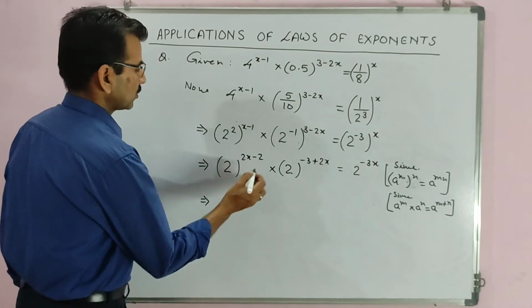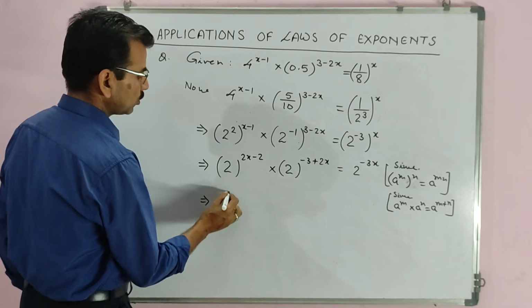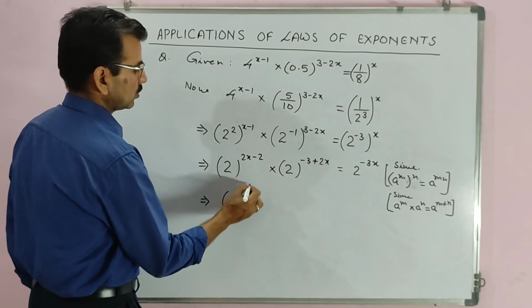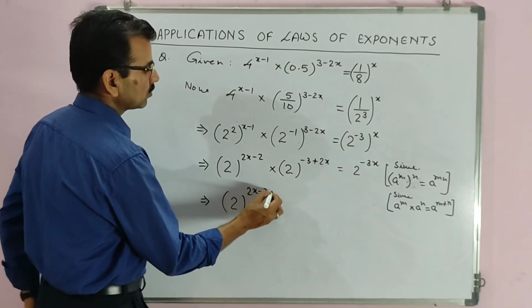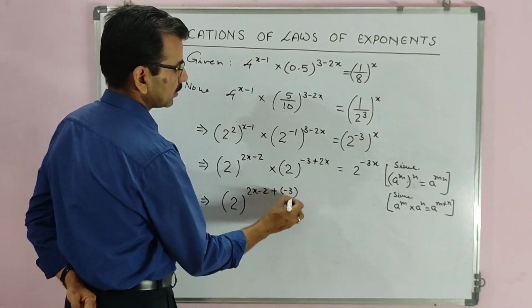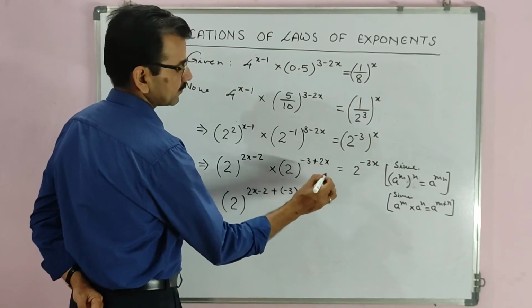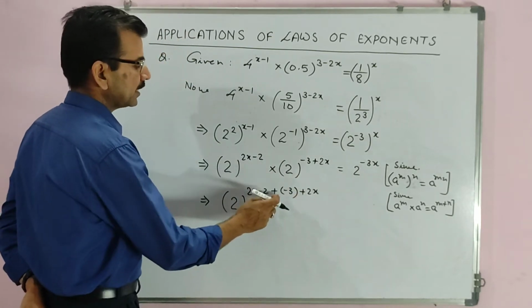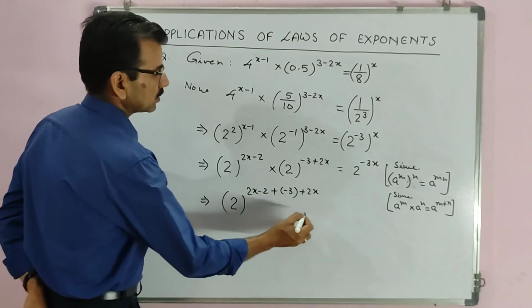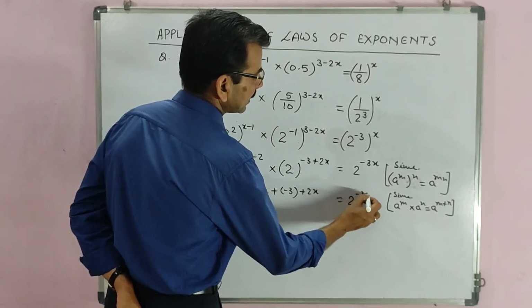Okay, so add the powers. So we write here 2x minus 2 plus minus 3 plus 2x. Okay, all the powers we added here. So this is equal to 2 raised to power minus 3x.